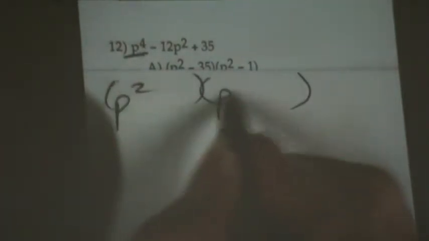Number 12. Factor, does that have anything in common? No? Okay. So we're going to make 2 factors. What times itself will give you P4? P squared. 35 is 1 times 35 or 5 times 7.